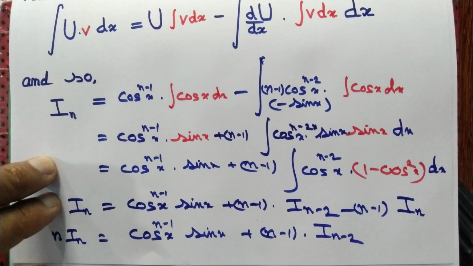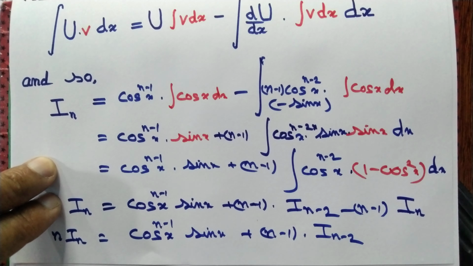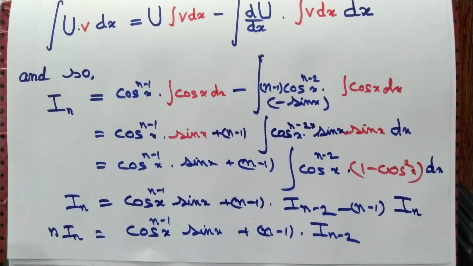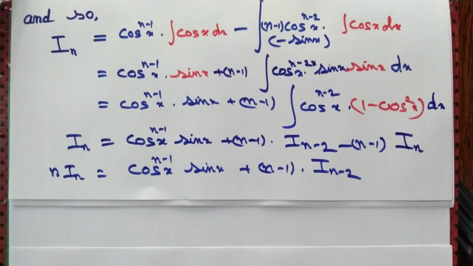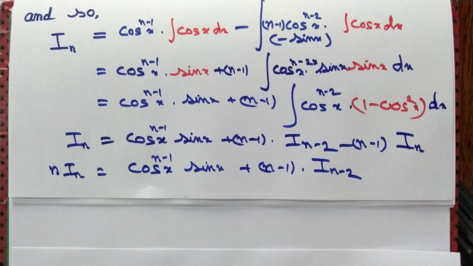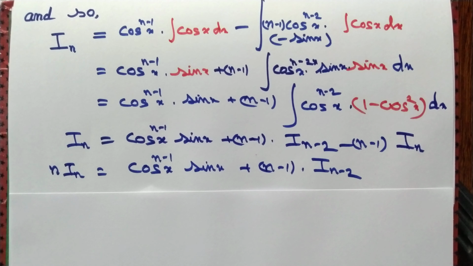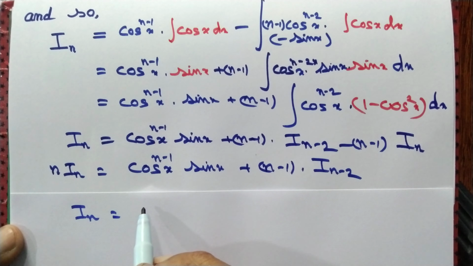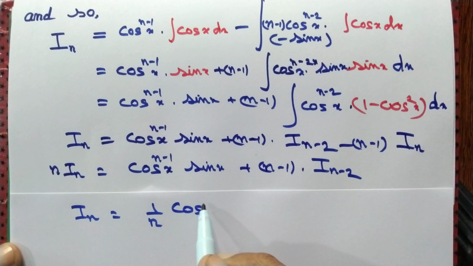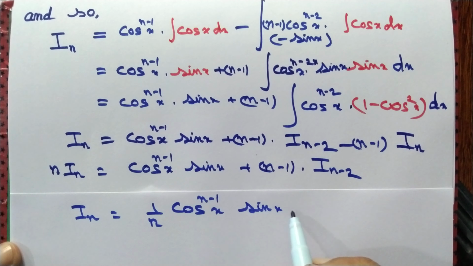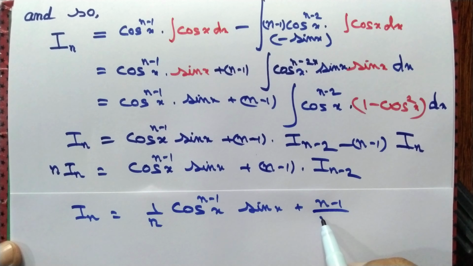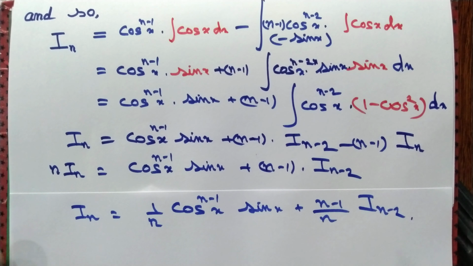Lastly, we divide throughout by n and obtain I_n equal to 1 by n times cos x to the power n minus 1 times sin x plus n minus 1 by n times I_(n minus 2).